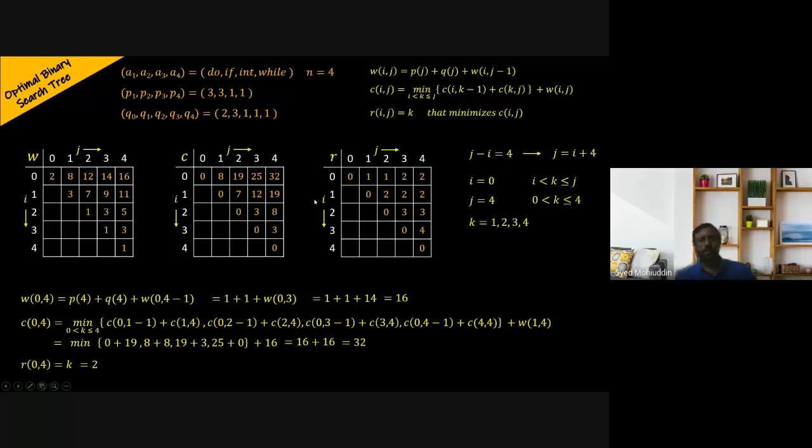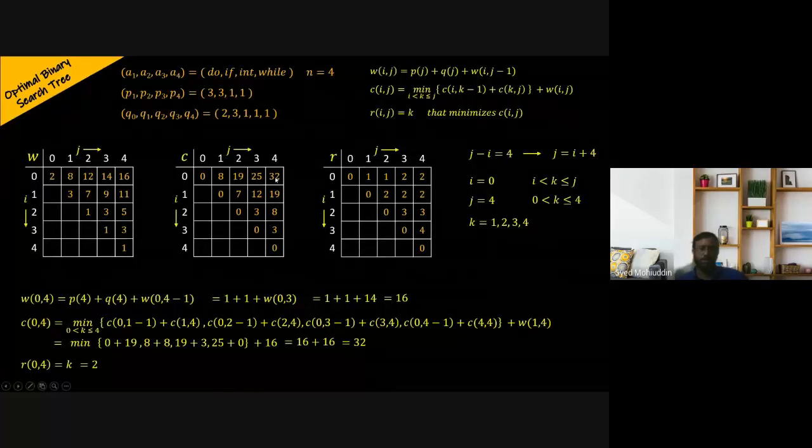Now the topmost corner, that is the top right corner cell, is giving us the minimum cost of the binary search tree. And this is going to be the optimal cost. We are not bothered about W, we are bothered about cost. Cost is 32.